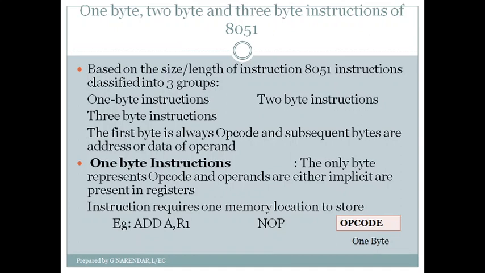And we have other 1 byte instructions where there is no need to mention any operands, but by seeing the opcode itself, the microcontroller understands where the operands are present.